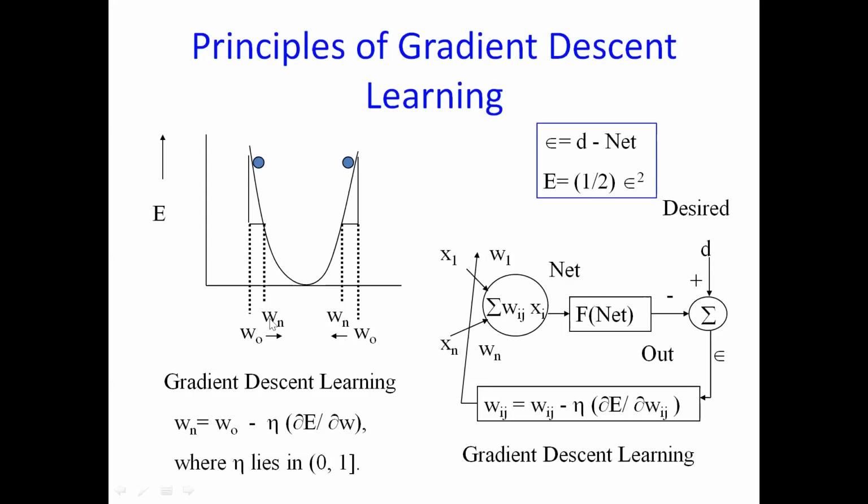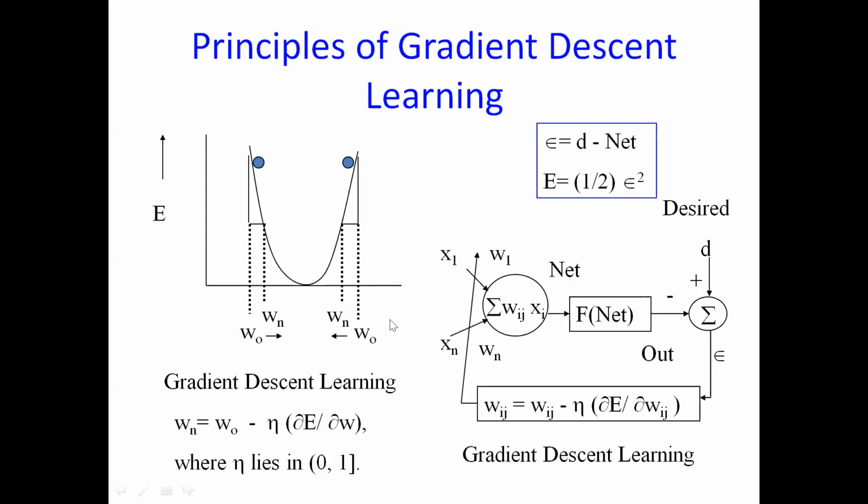So we can evaluate what the weight is at this final position. And we can evaluate this Wn as W0 minus eta into dE by dW. So we know that this gradient descent learning works in a differential manner. And here a very important parameter is eta, which lies between 0 and 1.